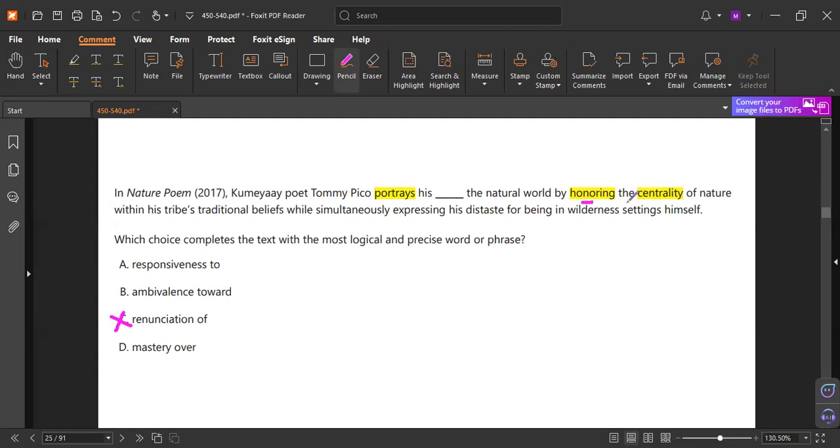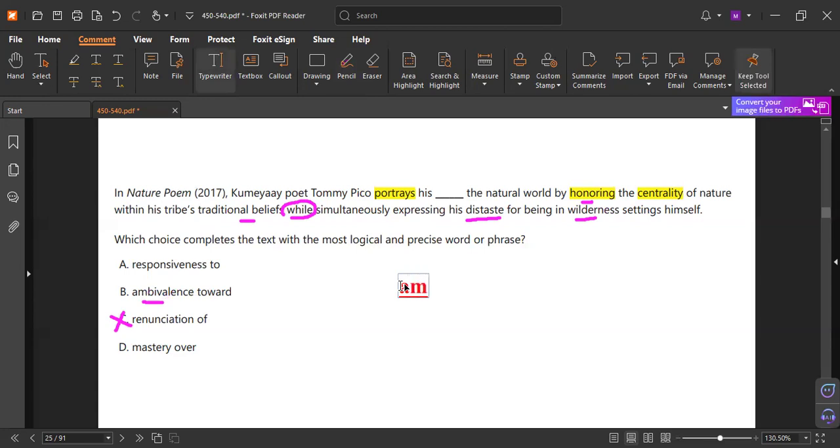He said here honoring the centrality of nature within his tribe's traditional beliefs, while simultaneously expressing his distaste for being in wilderness settings himself. That means we have ambivalence. Do you remember ambivalence? As I told you, be careful, it's a common word.